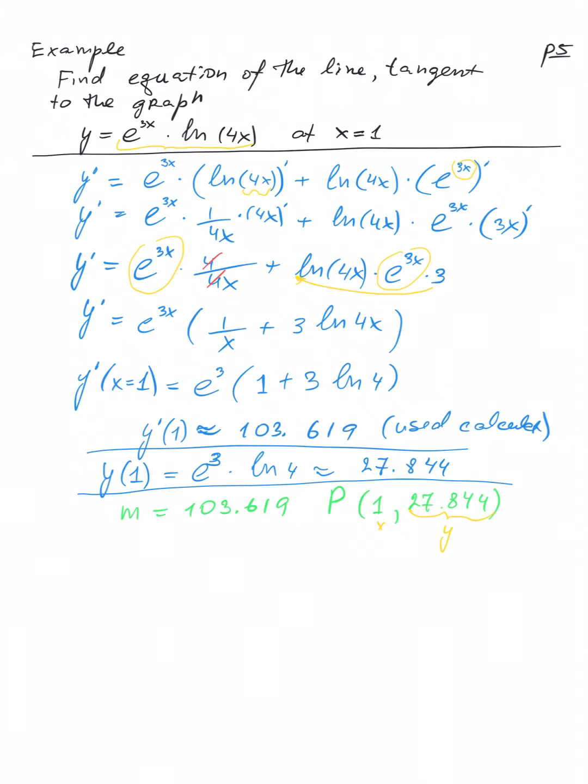So I'm going to have y minus 27.844. Well, actually, 5. I think looking at a calculator, I should have rounded to 5 here. So be careful with rounding too early.